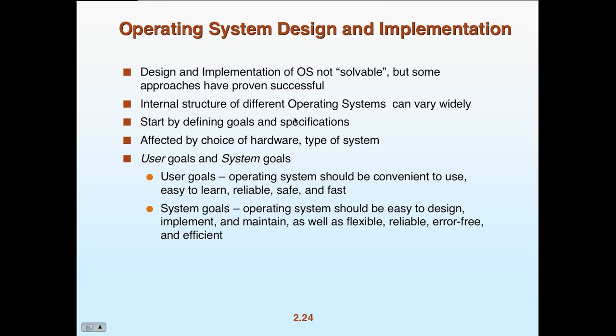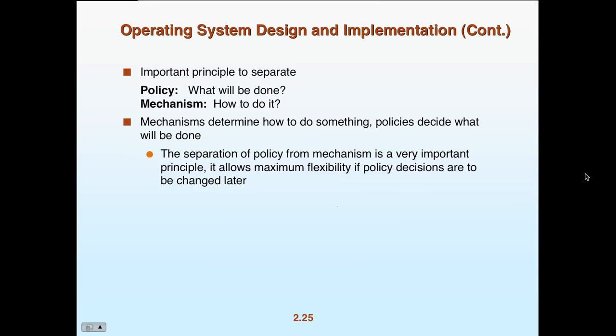The user goal is: is the operating system convenient for us to use, easy to learn, reliable, safe, and fast? Can I check email on it? Can I do everything my desktop can do? That's what the user goal is in the system. They shouldn't be combative; they should be together towards the same goal: make it easier to use, error-free, efficient, things of that nature.